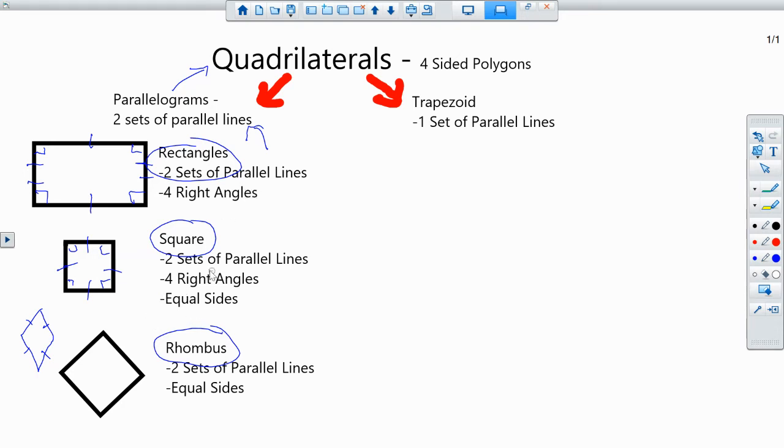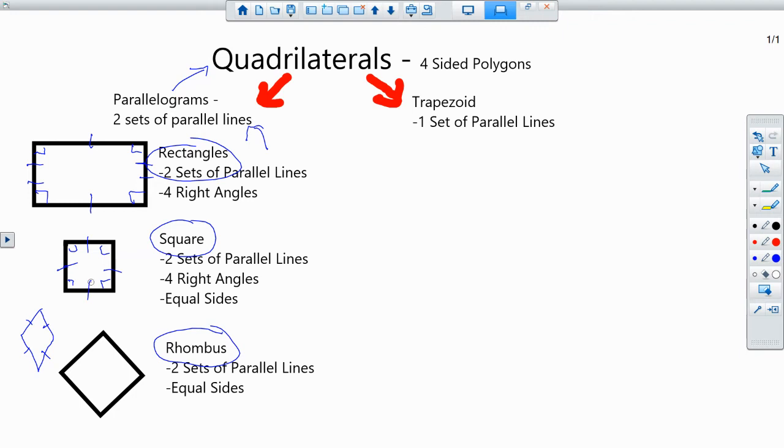So even though a rectangle isn't always a square, a square is always a rectangle. So this shape right here is technically a rectangle. It is also a rhombus because it has two sets of parallel lines and all the lines are equal.